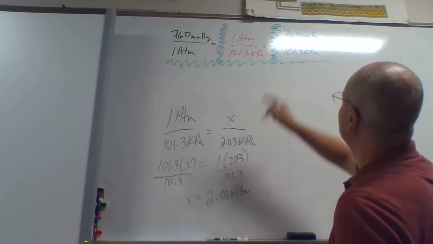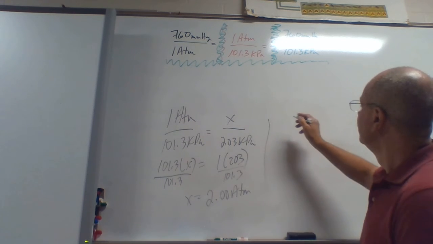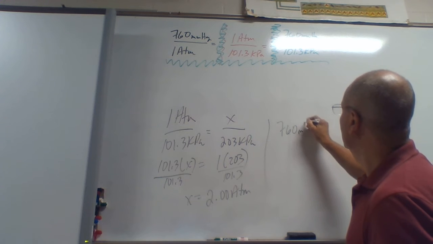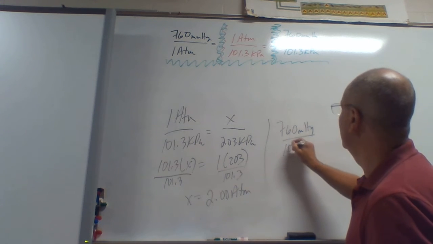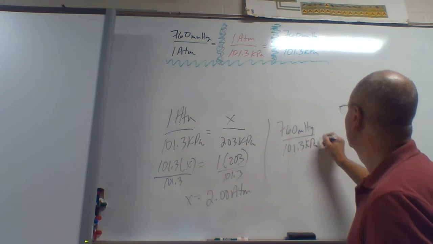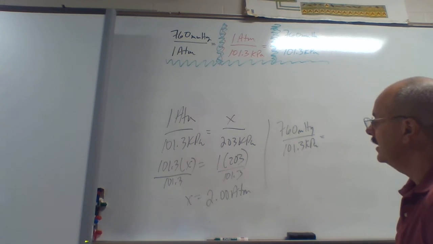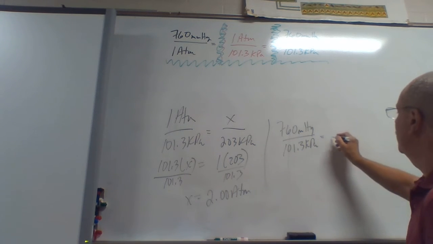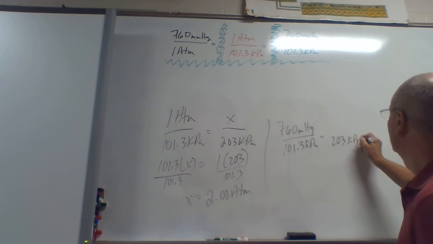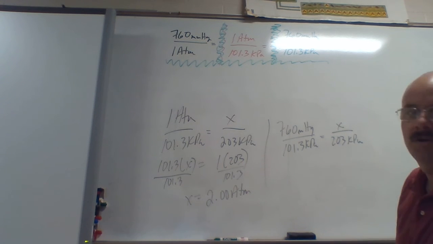Second half of that, we got to go kPa to millimeters of mercury. Well, kPa to millimeters of mercury, that's this guy. So 760 millimeters of mercury and 101.3 kPa. And then they gave us 203 kilopascals, and we want to find out how many millimeters of mercury that is.